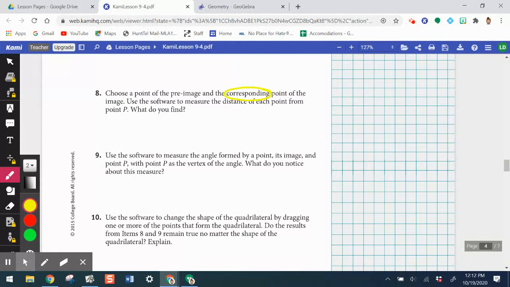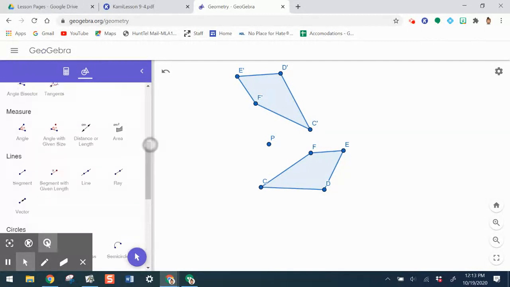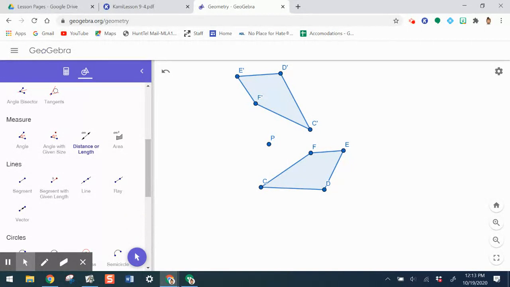First thing, we're going to choose a point from the pre-image and its corresponding point and find the distance from those points to the center. So let's go back to GeoGebra. We're going to find our measuring tool, so distance or length. And I actually found out that you don't have to draw a segment between points and the center of rotation. So we'll start with point F to P. And it tells us the distance of FP.